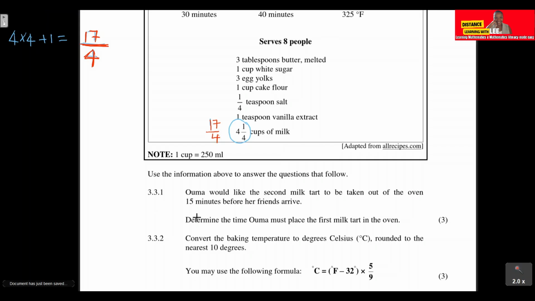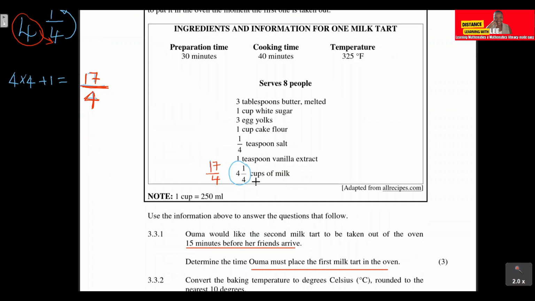Question 3.3.1. Oma would like the second milk tart to be taken out of the oven 15 minutes before her friends arrive. Okay, determine the time Oma must place the first milk tart in the oven. So here we are basically told that Oma would like the second milk tart to be taken out of the oven 15 minutes before her friends arrive, right?